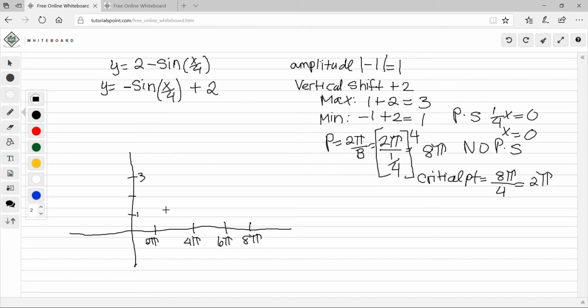So when you plug in 2 pi into the y function, y equals negative sine x over 4 plus 2, you get 1. So this is 2 pi, comma 1. For 4 pi, we get positive 2.